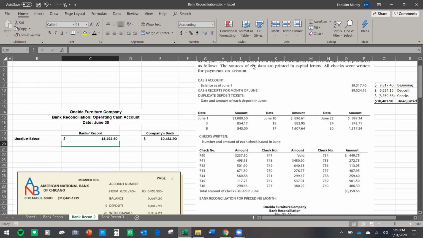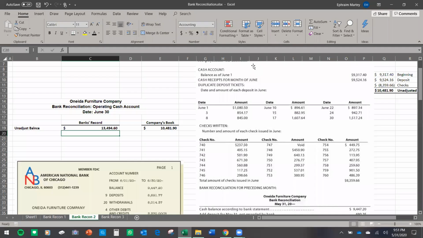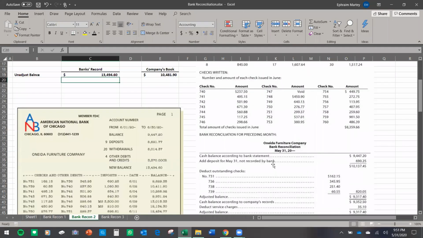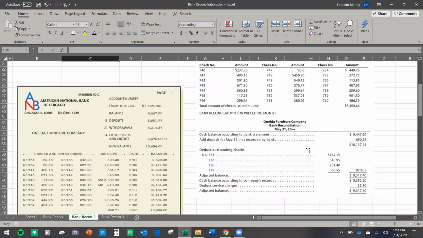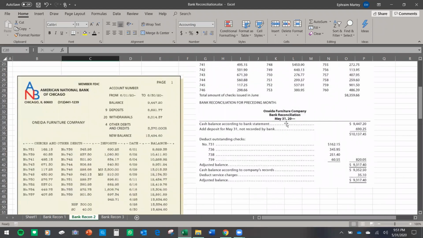Notice here that we are doing a reconciliation for June, but we have a statement that says May 31st. So every month you do a bank reconciliation. And when you do another bank reconciliation, you have to go back and check to see if everything you did has gone through.